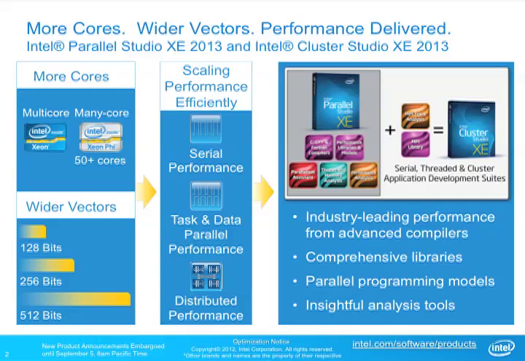A lot of things are changing in the environment that motivate us in our tools. Bottom line for us is helping developers get top performance out of the hardware. Whether you just want to do that with recompiles and linking with different libraries, or whether you want to dive down with an analysis tool and take a look at TLB misses and detailed activity in your program, we support that full range.